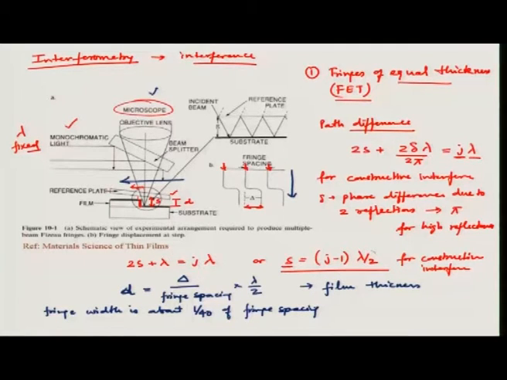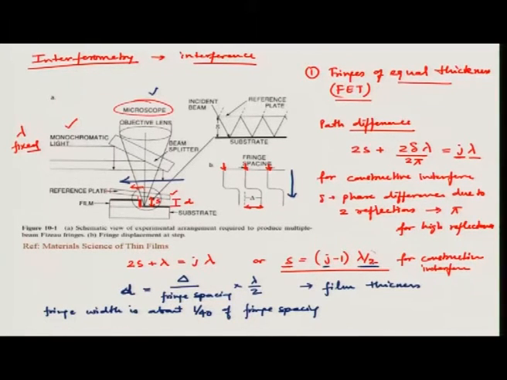So, very small compared to the fringe spacing, and this fringe spacing would be lambda by 2 because j is my integer. Since j is an integer, your spacing for constructive interference will be lambda by 2.